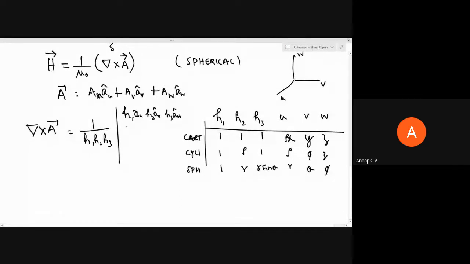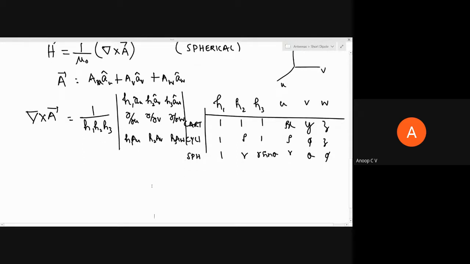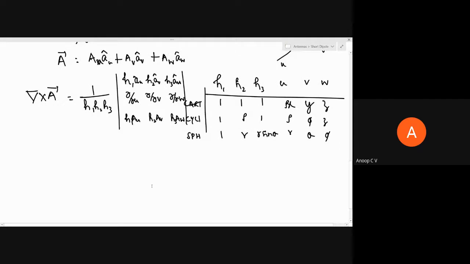Then dou by dou U, dou by dou V, dou by dou W, and H1 AU, H2 AV, and H3 AW. This is how you can write curl in general. So if you remember this, you can straight away write this for Cartesian, cylindrical, or spherical, whatever.